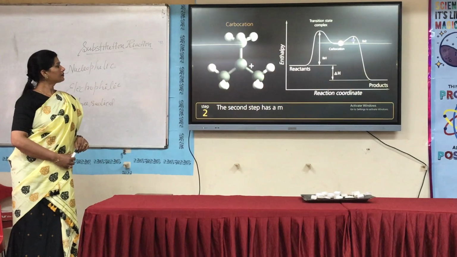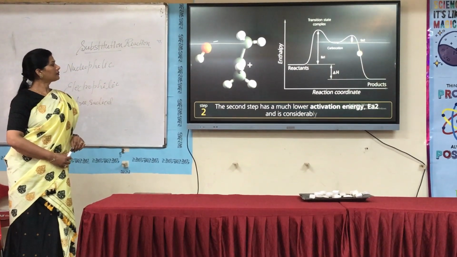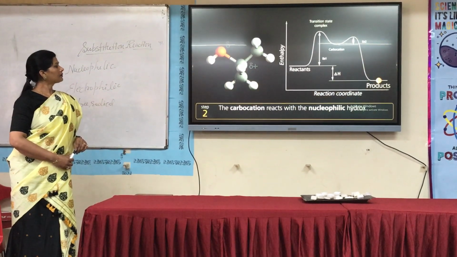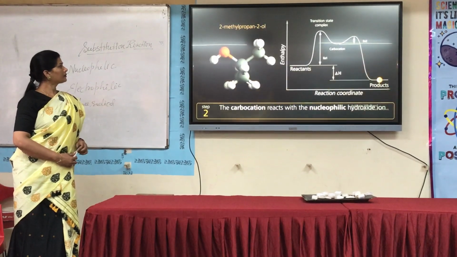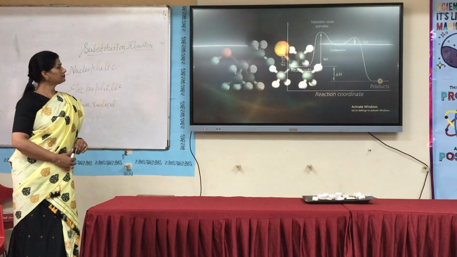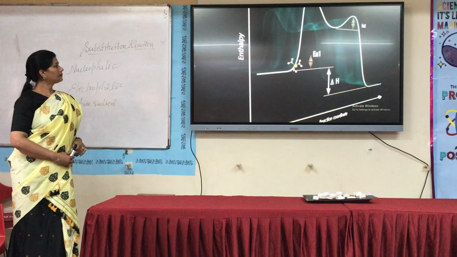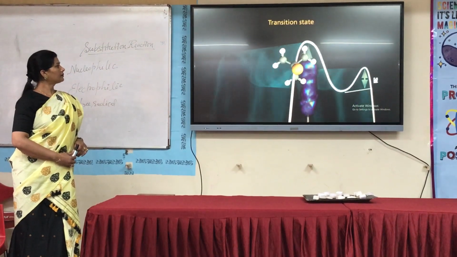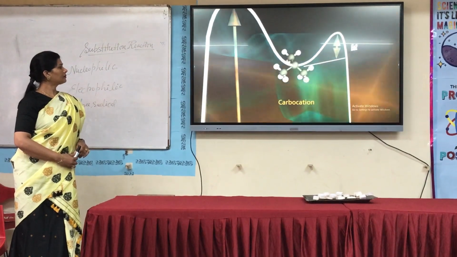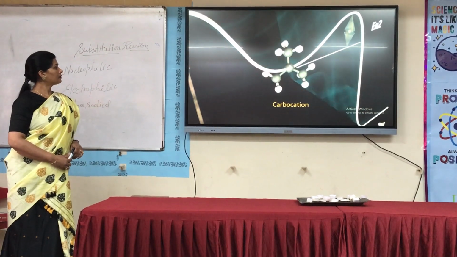The second step has a much lower activation energy, EA2, and hence is considerably faster than the first step. The carbocation reacts with the nucleophilic hydroxide ion via a second transition state to form the product 2-methyl-propan-2-ol. Transition state, carbocation, EA2.